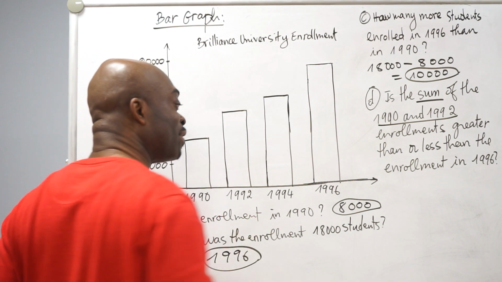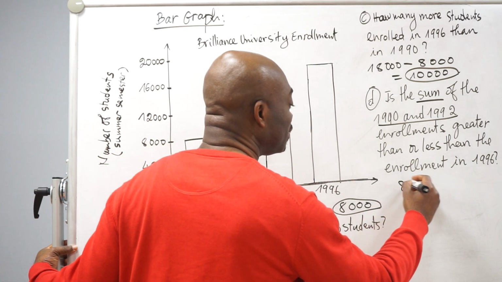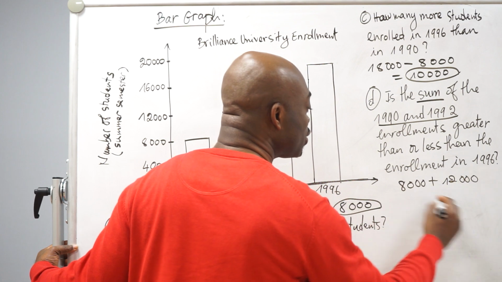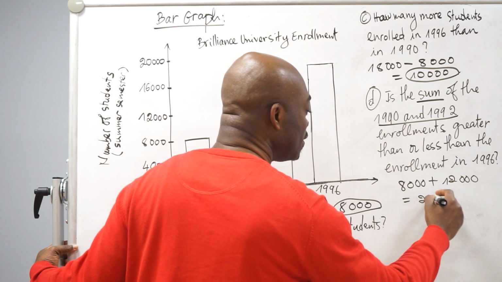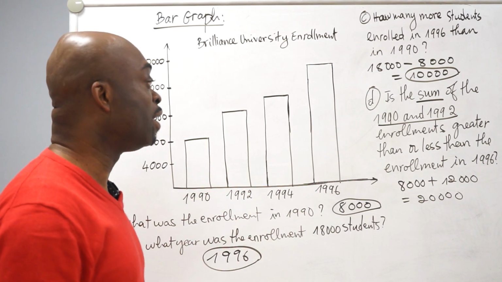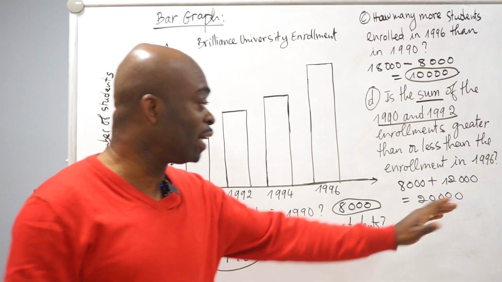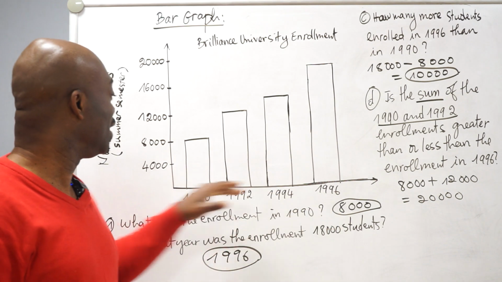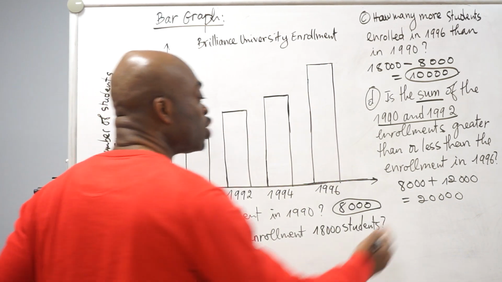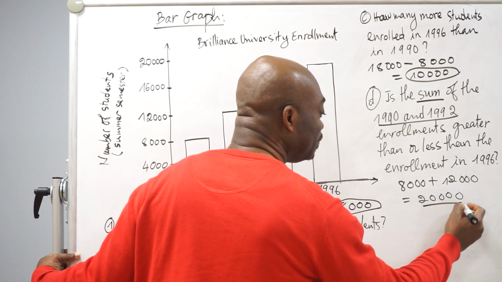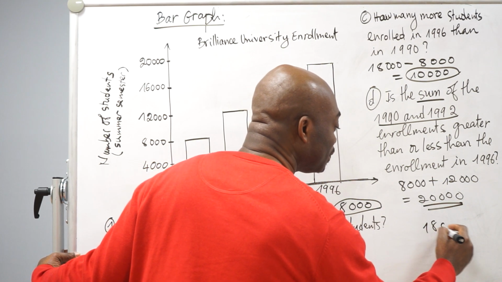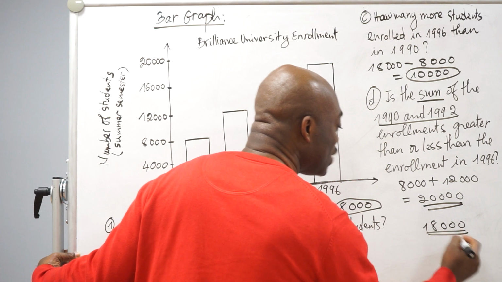When we put those two together, 8,000 plus 12,000 gives us 20,000. But we want to compare this with 1996, which was 18,000. Those are the two we're comparing: 20,000 with 18,000.